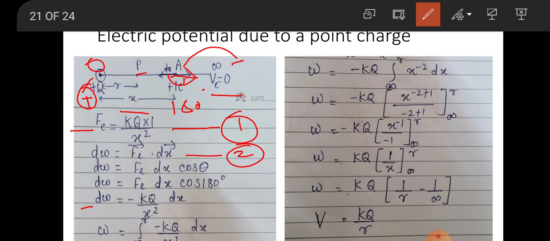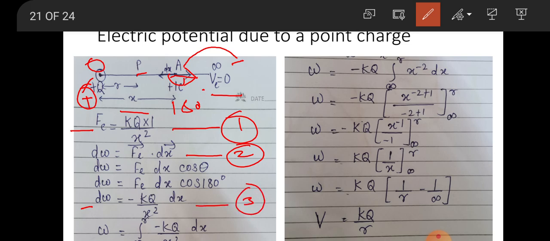Now this is the small work done, but we want to bring that charge to the point P. We have to bring the charge to point P, and for that we will consider the integration. So integrate this equation.